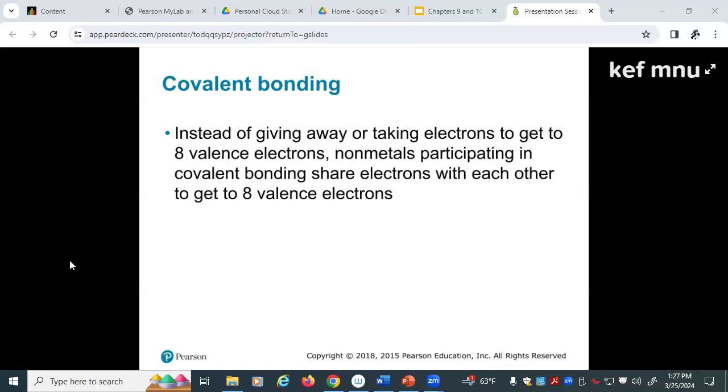So what I need to think about is sharing. How do I get my atoms to share electrons to get me to that 8 valence electrons? And in particular, where are there opportunities for sharing? Where do I have unpaired electrons available that I can link together to create that bond that allows those 2 electrons to be shared between the 2 atoms?